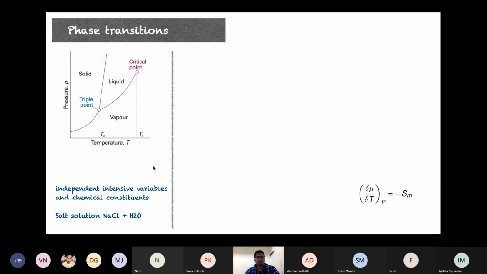When you go from liquid to solid, what kind of symmetry does a typical solid have? In crystal, long range ordering. Yes, long range ordering, translational symmetry. It can have many symmetries, but an important thing is long range ordering and translational symmetry.